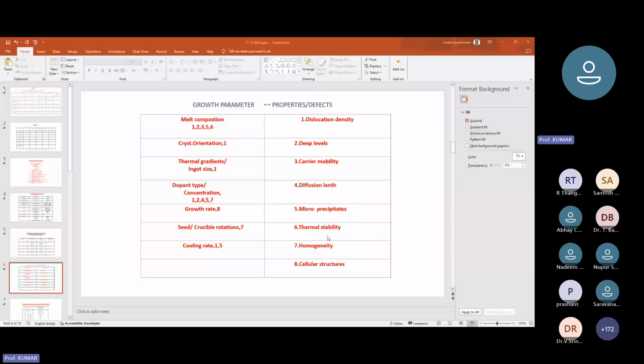That is why you have this segregation coefficient, which is very high. If it is very, very low, of the order of 0.08 or 0.01, then in that case, the dopant will be mostly present at the bottom of the crystal. So one has to select a dopant which is close to 1 or very advantageous for a given application.